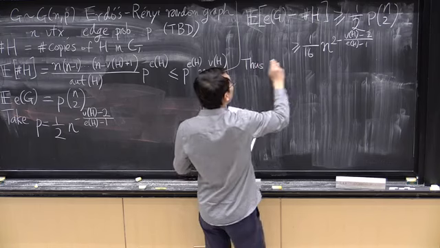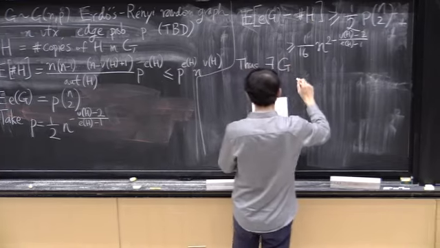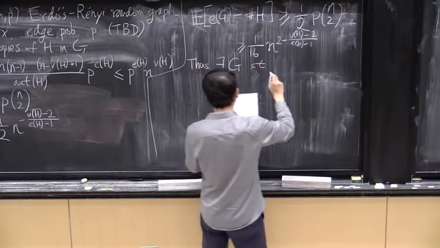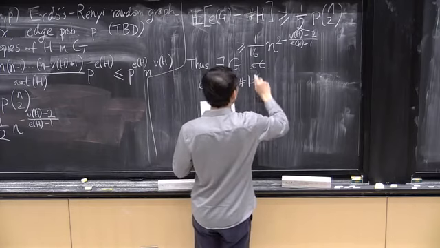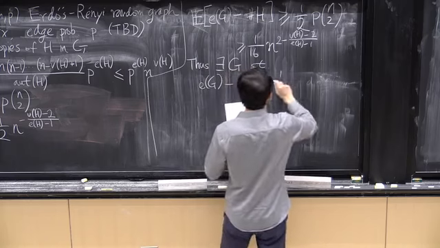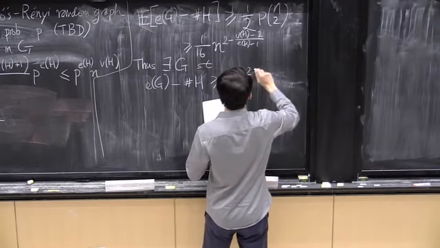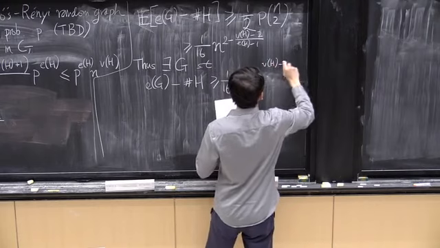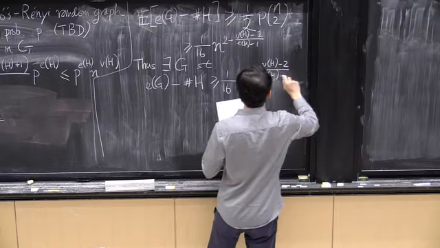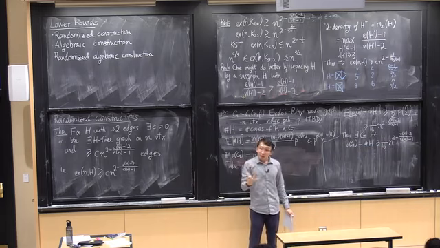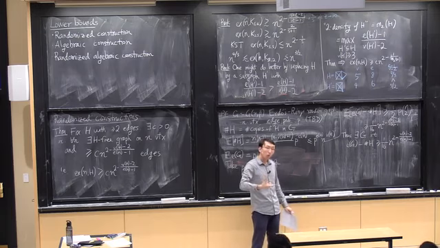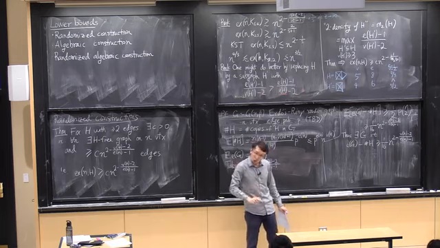Therefore, there exists some instance in this randomness, some G, such that the quantity above for the specific random instance is at least its expectation. So this gives us a graph G, which on one hand has lots of edges, but also has very few copies of H relative to the number of edges.